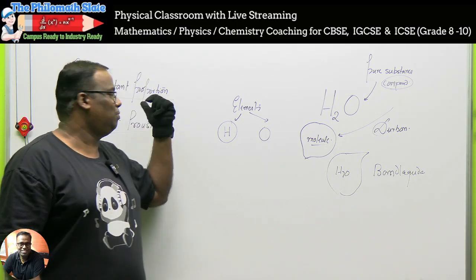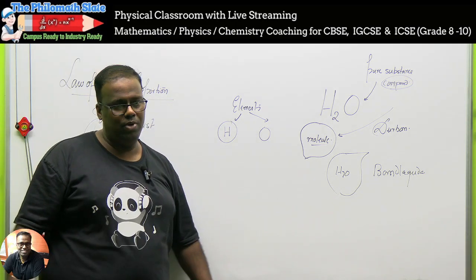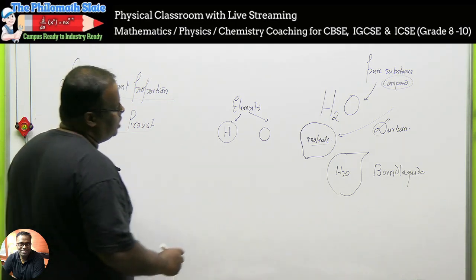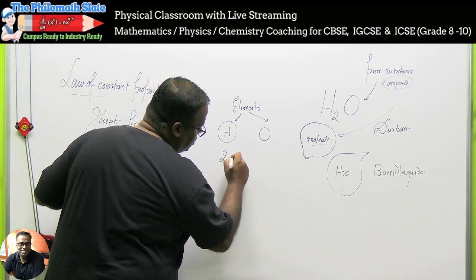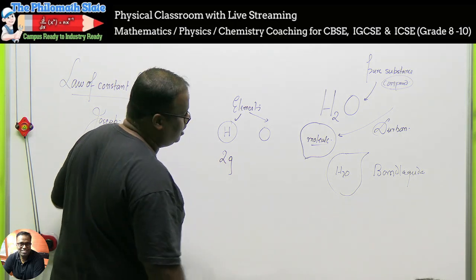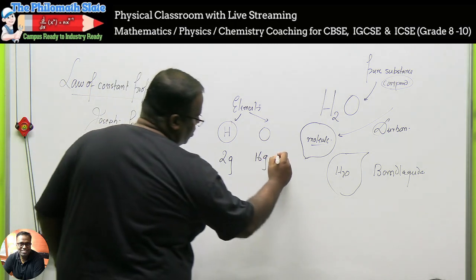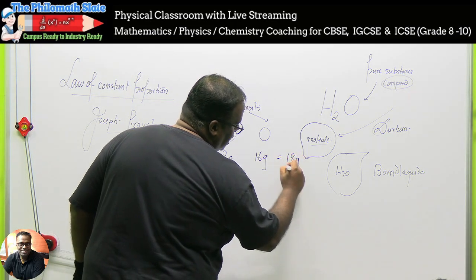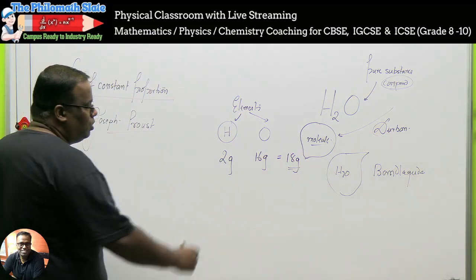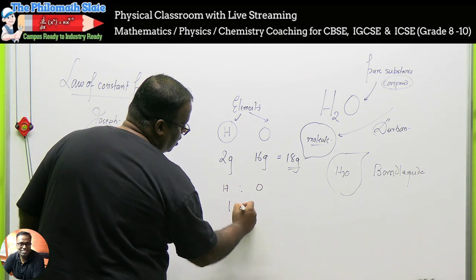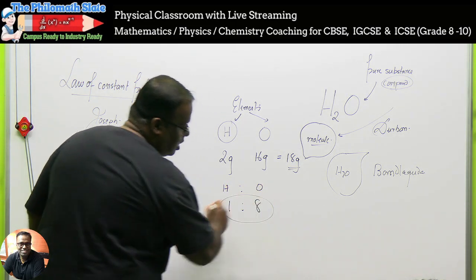The law is constant proportion, definite proportion by weight, which means, now again I'll go with some numbers, bear with me. There will always be 2 grams of hydrogen and 16 grams of oxygen, which actually gives you an 18-gram molecule of water. So the proportion in which they are combining, hydrogen is to oxygen, will be 1:8.